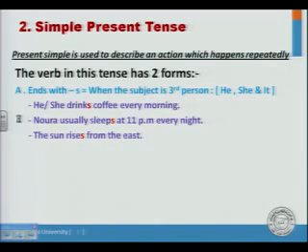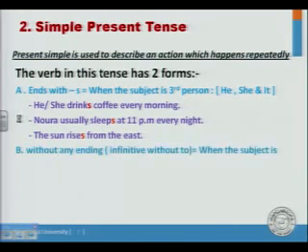The next one, the sun rises from the east. When we talk about facts, نتكلم عن حقائق, no need to add every or always or sometimes, because these facts happen repeatedly. The sun rises. We add s after the verb rise.